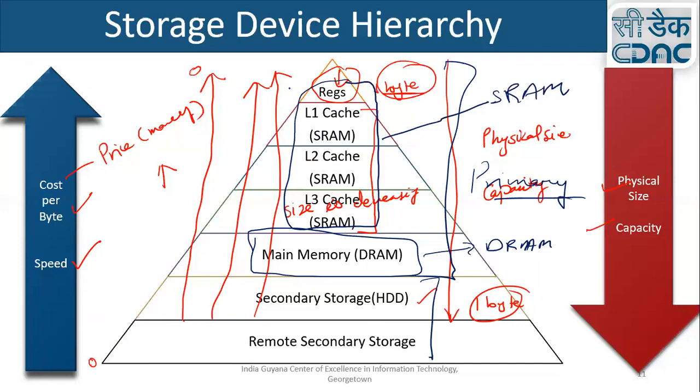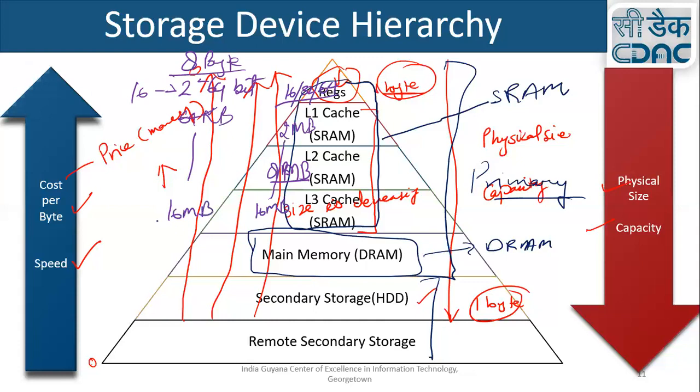The size of a register is 16, 32, or 64 bit. The size of cache is from some KB, such as 64 KB, up to around 16 MB. I'm just giving you the idea; it's not an exact number, because it may be different for different systems. Registers of 64 bit means just 8 bytes.